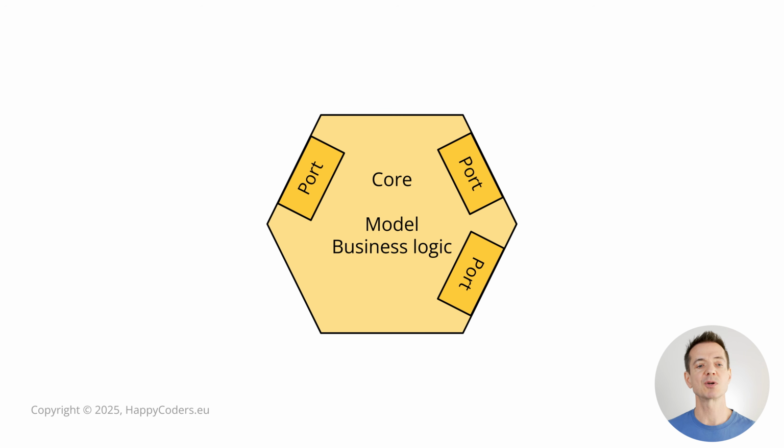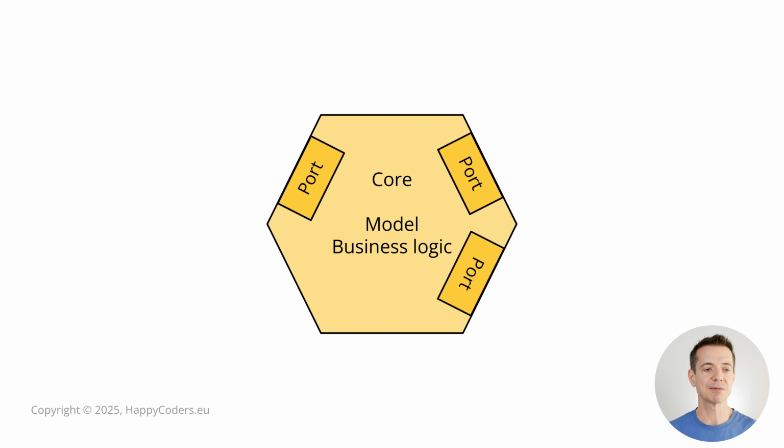This allows you to postpone decisions about infrastructure technologies until you have gained enough experience with your application during the development of the business logic to make much better decisions about which technologies are best suited. For example, what kind of database is best for storing your data.